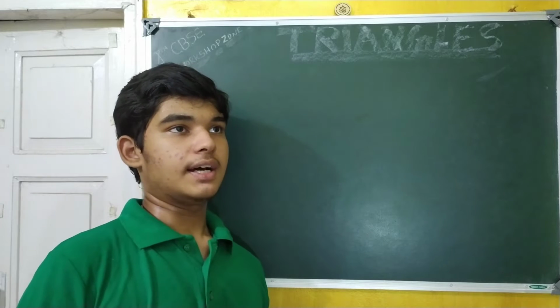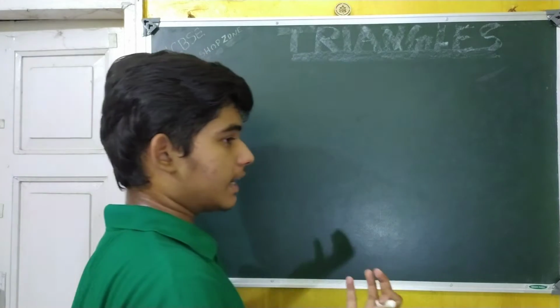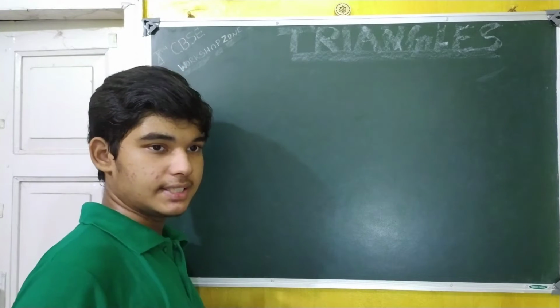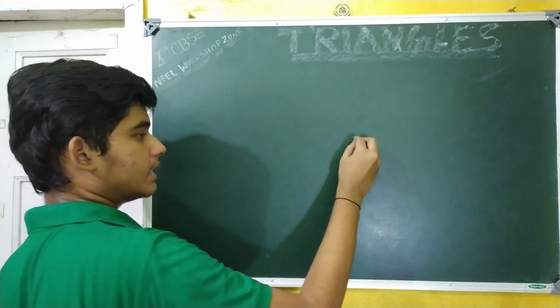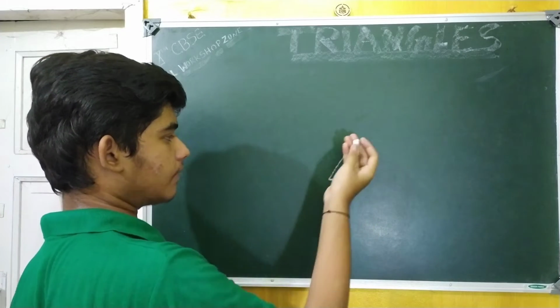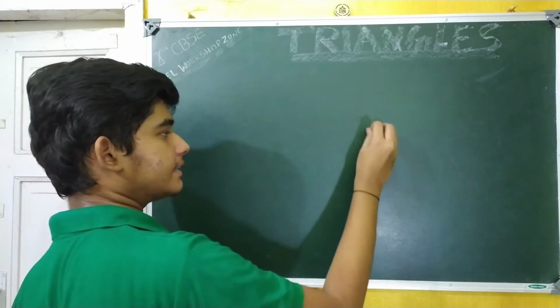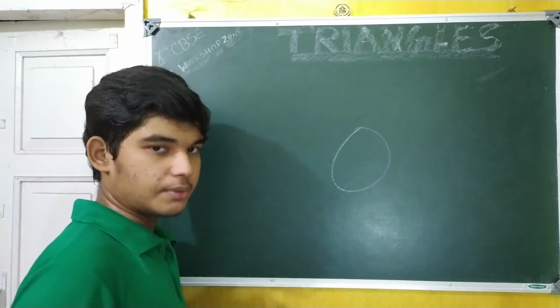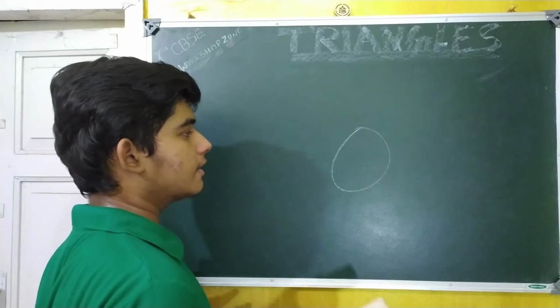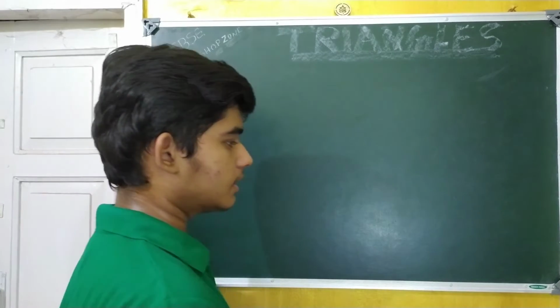For example, any shape that you can see which has sides or edges in it. So this is a polygon because it has sides and edges and it's made up of line segments. On the other hand, a circle is not a polygon because there are no sides nor any line segments. So that is a polygon.